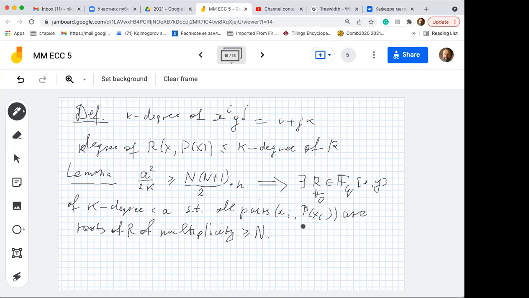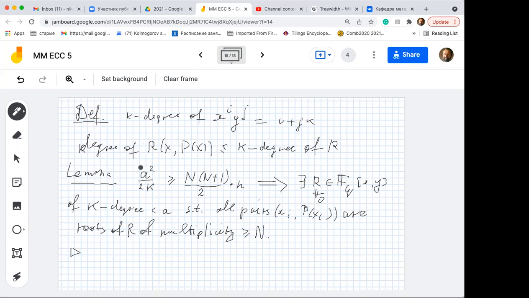Little n denotes the number of pairs which will be the roots. And A denotes the k-degree of the polynomial R we obtain. And the proof of this lemma is based on linear algebra.